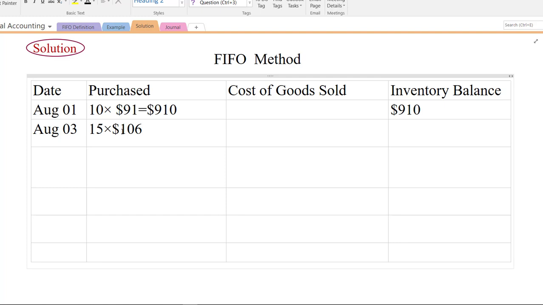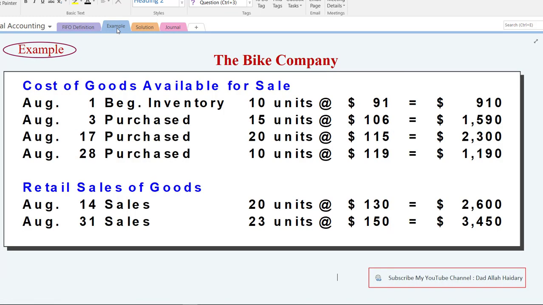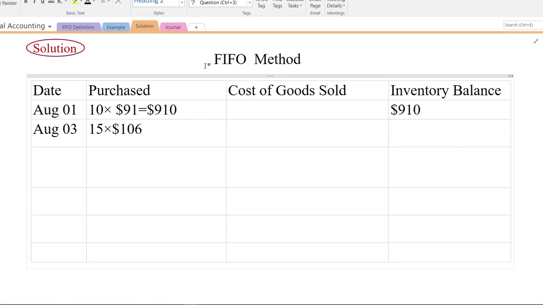This is the purchase on August 3rd, that you can see here, students, that I have taken from here. On August 3rd, there is a purchase of 15 units with the cost of 106, which is equal to 1,590. This is the total cost.